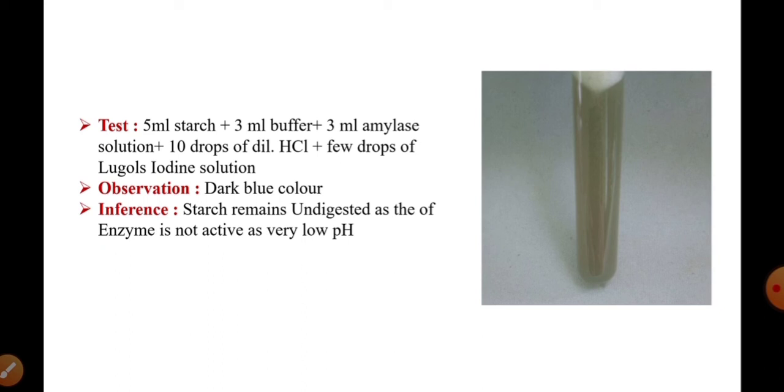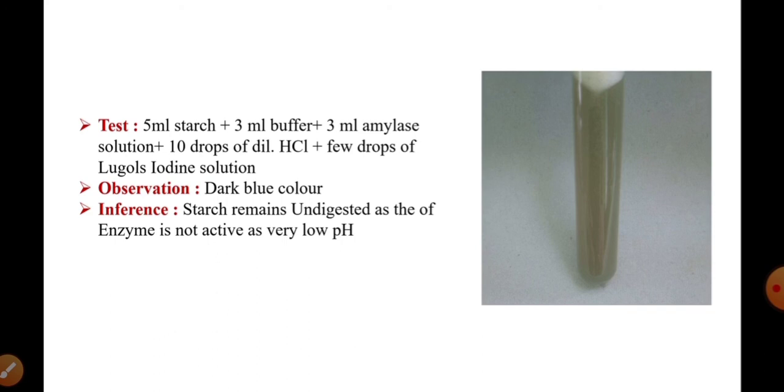So if you remember, we studied that this enzyme amylase, to show its activity, requires an optimum pH of 6.7. But in this test tube, we have reduced the pH. We have made it acidic. Okay? We have added 10 drops of dilute HCl and made it acidic. So the starch in this test tube remains undigested as the enzyme will not show its activity at a very low pH or in an acidic pH.